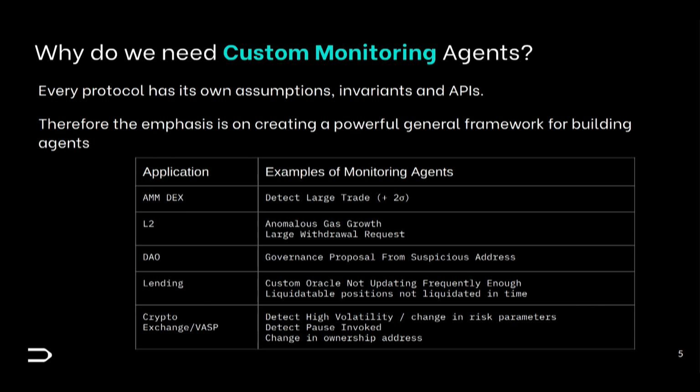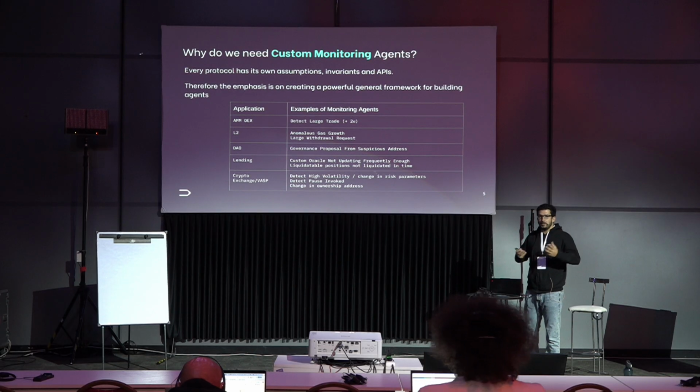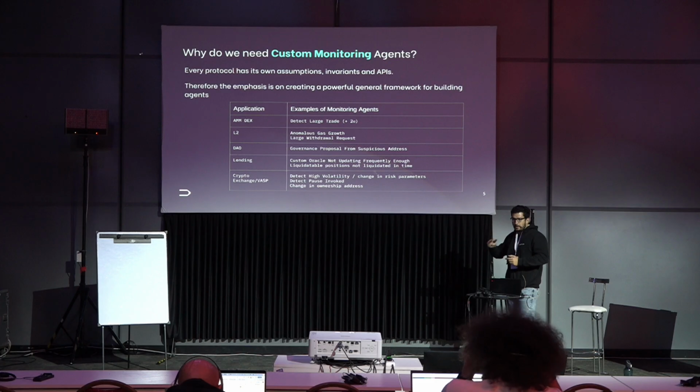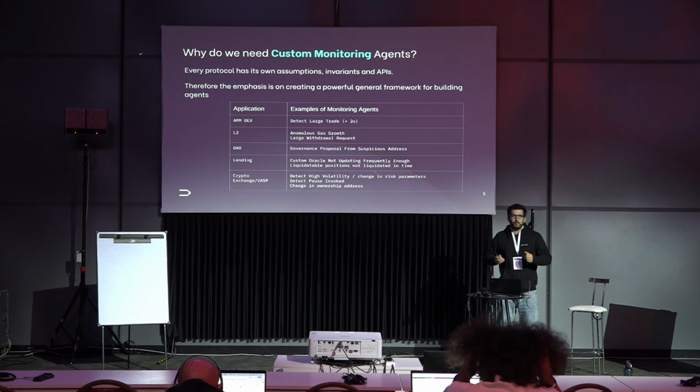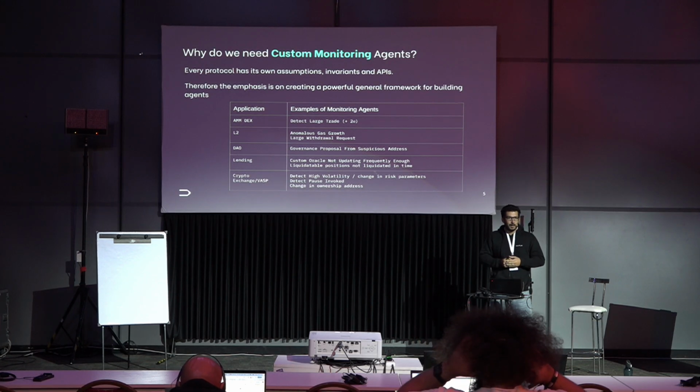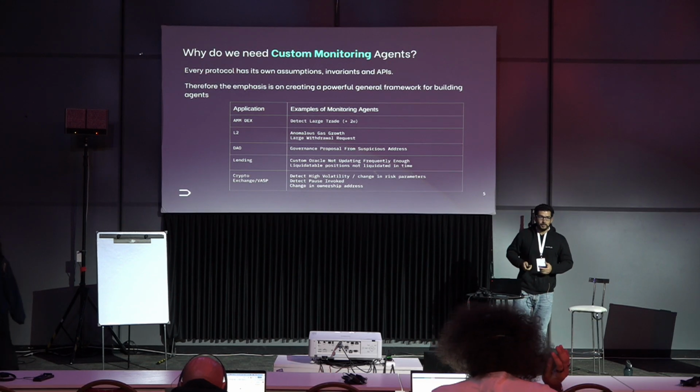In addition, the exchange might be interested in being notified if there's a large trade. On the other hand, if you're working with an L2, they might be more interested in, for instance, statistics about gas or about large withdrawals on their canonical bridge.